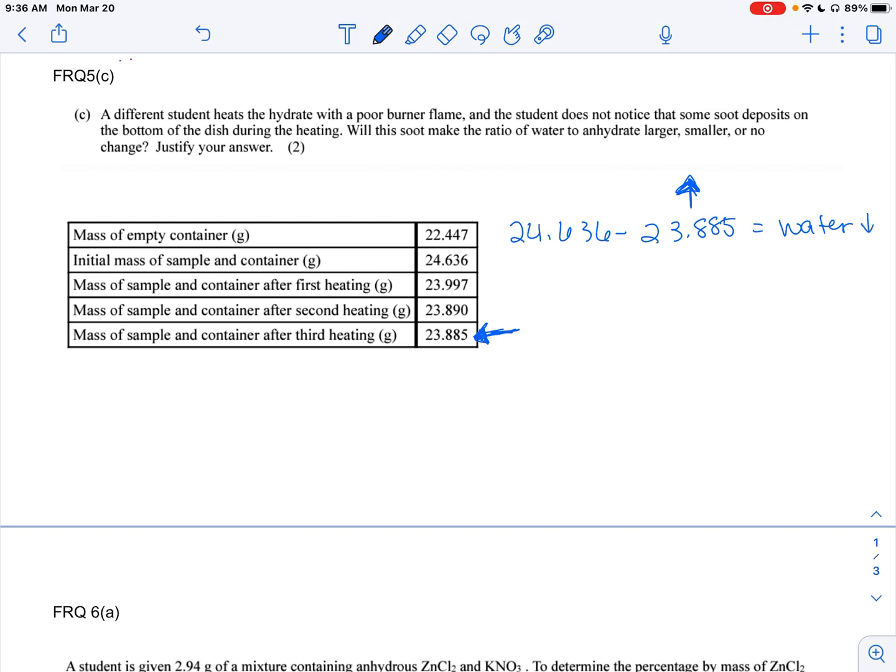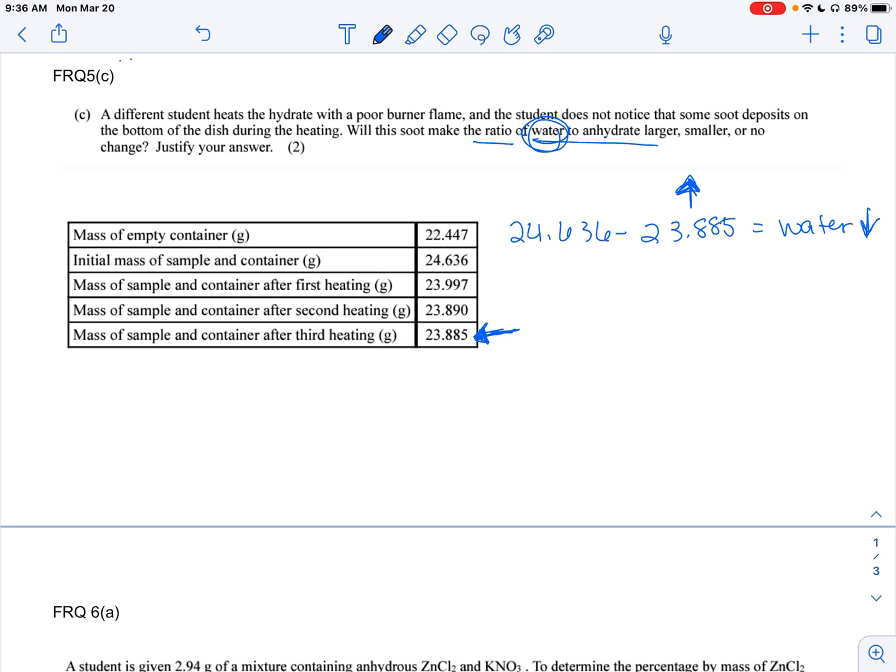Because if this number was bigger and you didn't notice, then the amount of water would be too low. You then use that, because that's mass of water, to put moles of water, and then it says ratio of water to anhydrate. So if the water was too low and you're looking for the ratio of water to something else, what's going to happen to the ratio? It's also going to be too low.